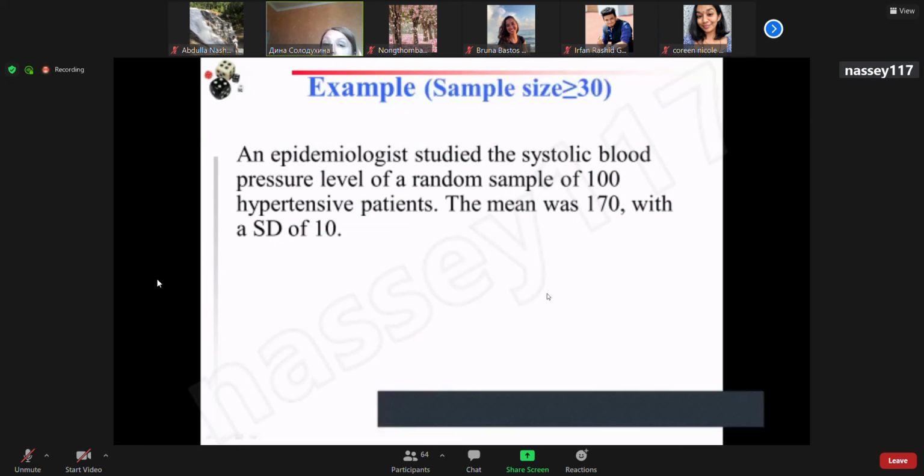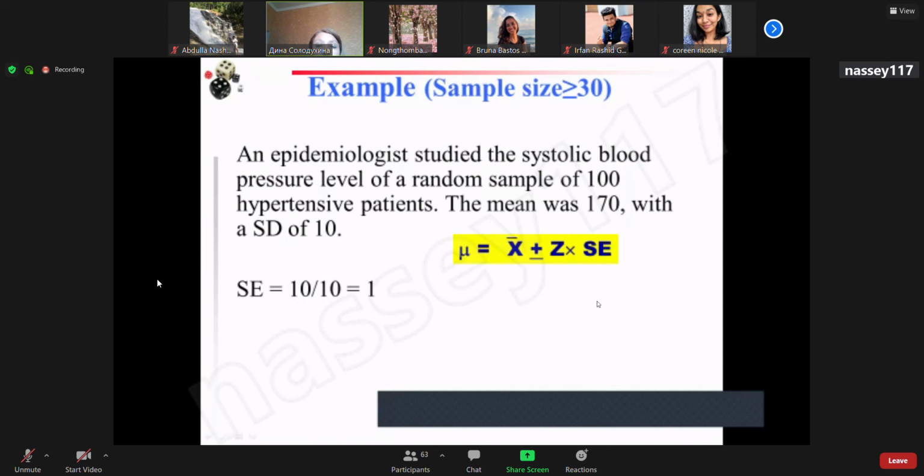Okay, just in order to understand better, we will discuss some examples. Like we have a study where epidemiologists study the systolic blood pressure in a random sample of 100 hypertensive patients. The mean was 170 with a standard deviation equal 10. So this is an example of a large sample because sample size is more than 30. What we will do, our population mean, which is called mu, is our sampling mean plus minus parameter z times standard error.